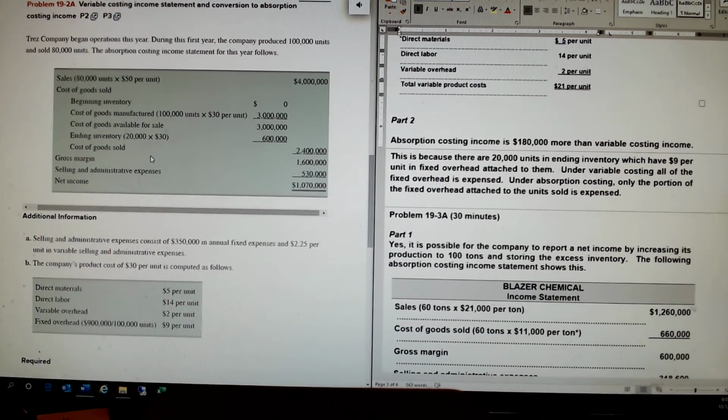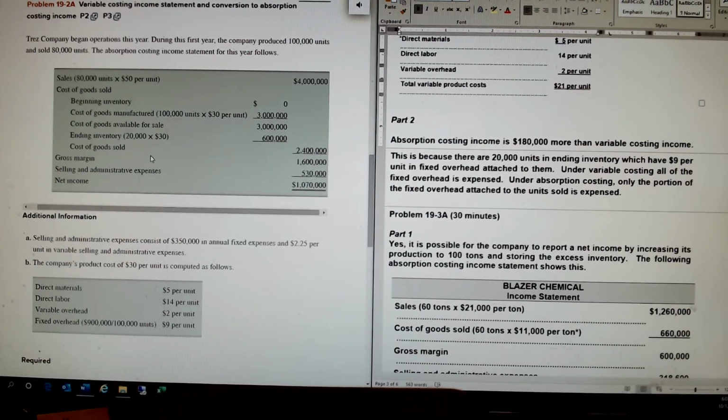So really, I just want you to recognize that there are two different methods. What cost is treated differently under the two methods, and how is it treated differently? Variable costing completely expenses fixed factory overhead right off the top. It doesn't even get a chance to get attached to inventory. Absorption costing, however, attaches fixed factory overhead to products, and if we don't sell all the product we produce, then it doesn't get all expensed.